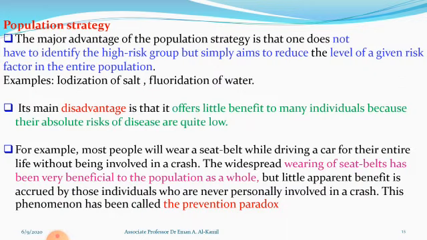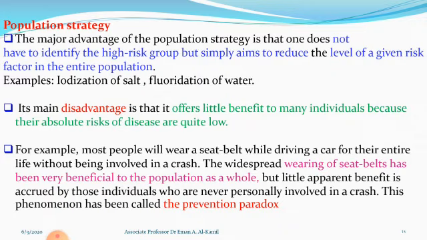The main disadvantage is that it offers little benefit to many individuals because their absolute risk of disease is quite low. Some people who have no risk factor, or whose risk factor is low, will not benefit from this strategy.